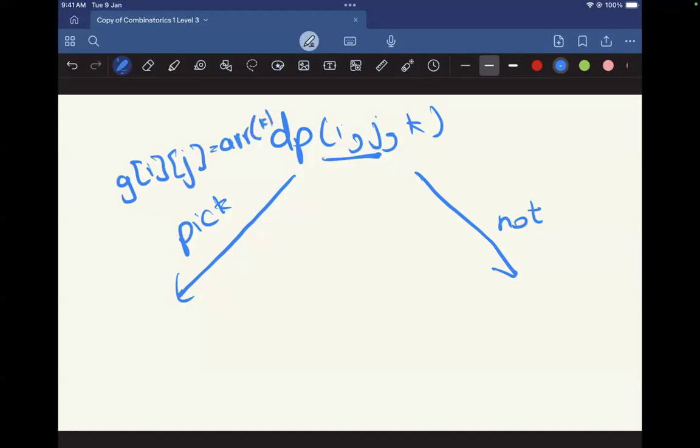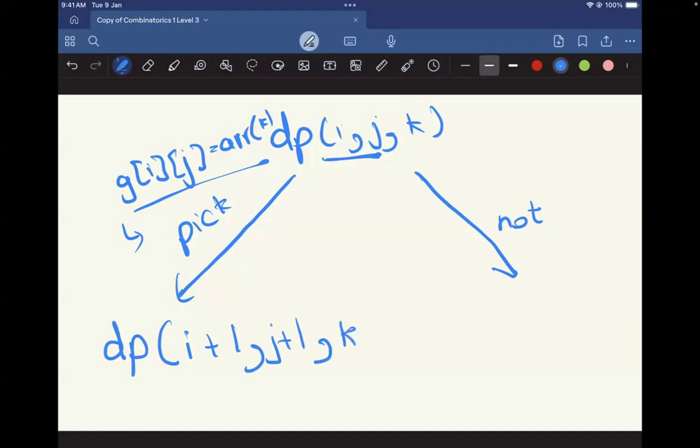Yes or no? Only then I can pick it up. Now, if I do pick it up, do you agree my opponent would have to choose from (i+1, j+1), which is the next subgrid, and the element they would have to choose is k+1 as well? Yes or no, guys? Tell me.